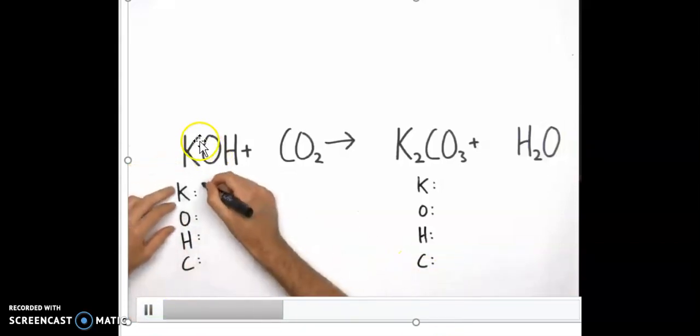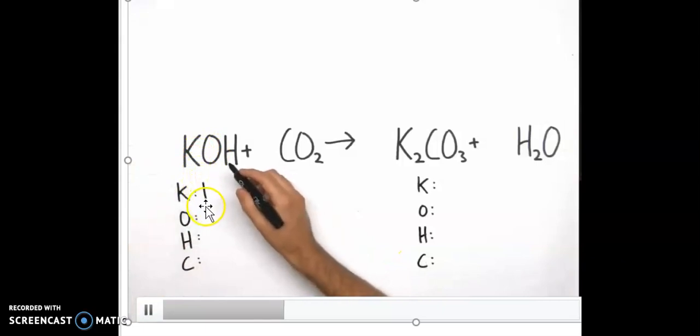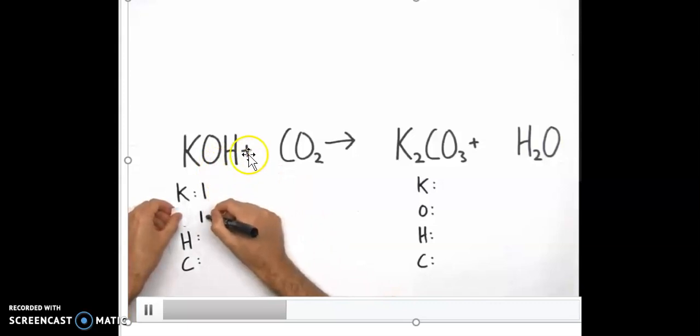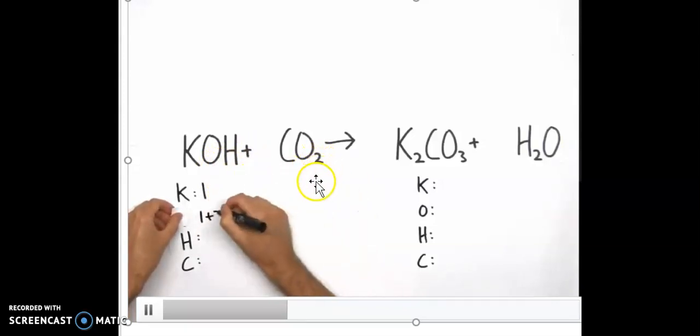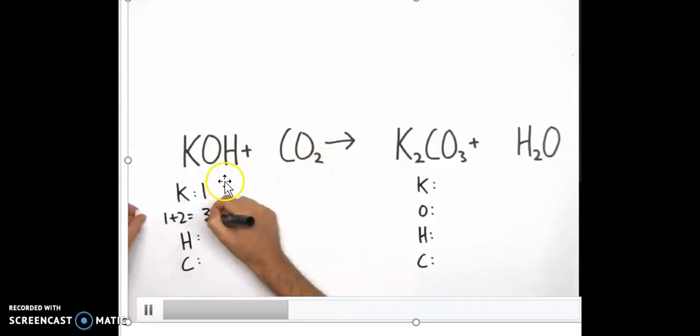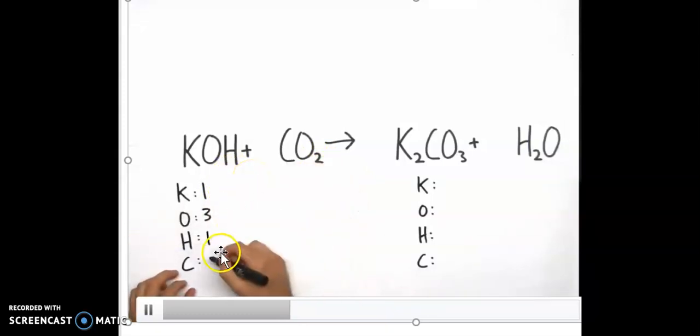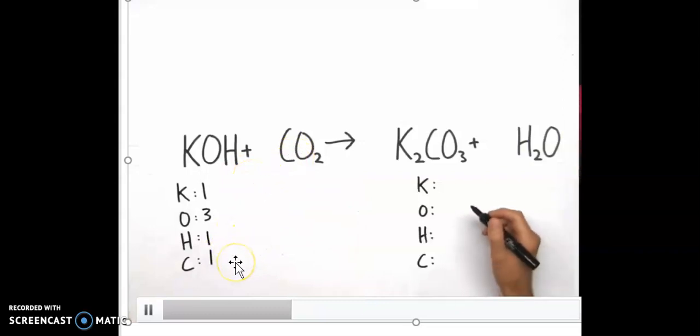Okay, now let's enumerate. There's 1 mole of potassium, and for oxygen, 1 mole here plus 2 moles here, a total of 3 moles of oxygen in the reactant side. For the hydrogen, 1 mole, carbon is also 1 mole.